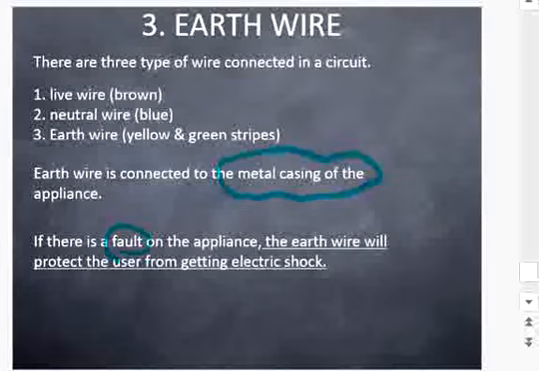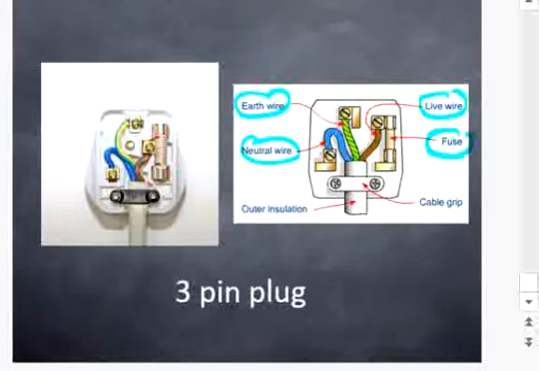Okay. So the last part from this slide. Make sure you know the diagram of the socket, the position of the earth wire, live wire, neutral wire, and then the fuse. Okay, so this is a 3-pin plug.